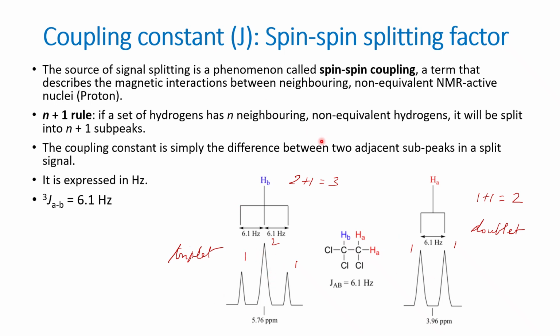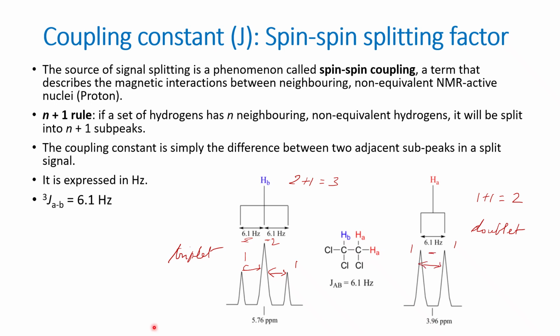Having understood this, because these two protons are coupled protons, the distance between these two peaks and these two peaks is the same. See, it is 6.1 and it is also 6.1. Similarly, the distance between the two doublets is also 6.1.